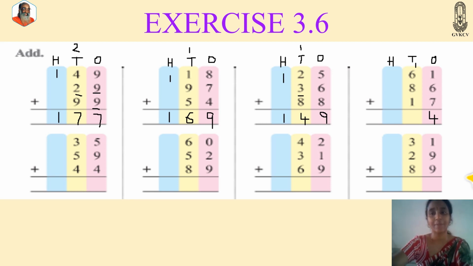Now 7 plus 8. 7 in mind, take 8 fingers. 7 after 8, 9, 10, 11, 12, 13, 14, 15. 15 plus 1. The number after 15 is 16, right? 16 tens. So 6 here and 1 is carried to hundreds. Under hundreds 1 is there, so I am writing 1.